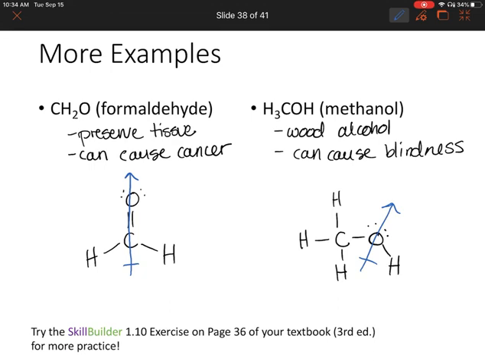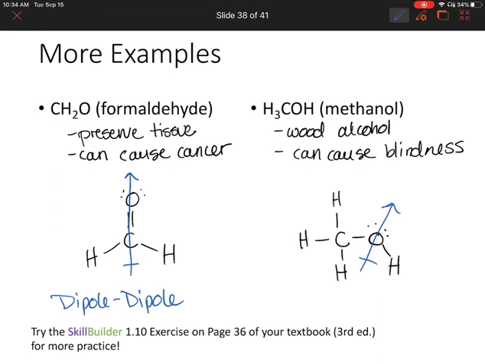So what would be the strongest force that formaldehyde would experience? So we can rule out ionic bonding, right? We don't have any full charges on this molecule. And we can also rule out hydrogen bonding because we don't have a hydrogen bonded to that oxygen. So the strongest force that this would experience is a dipole-dipole force.